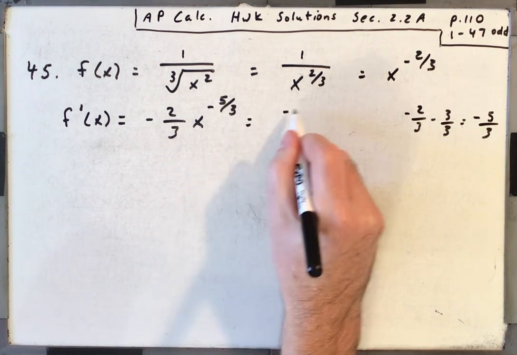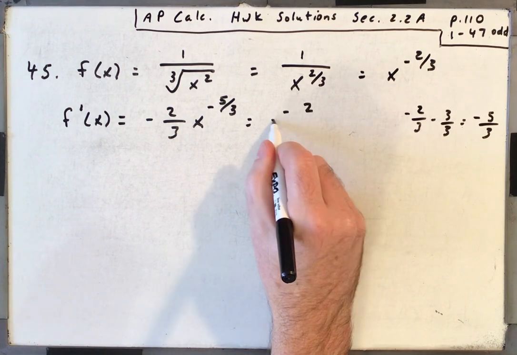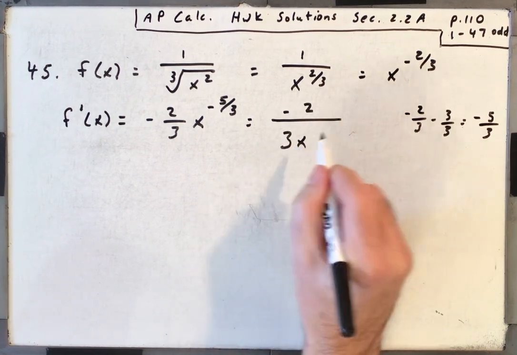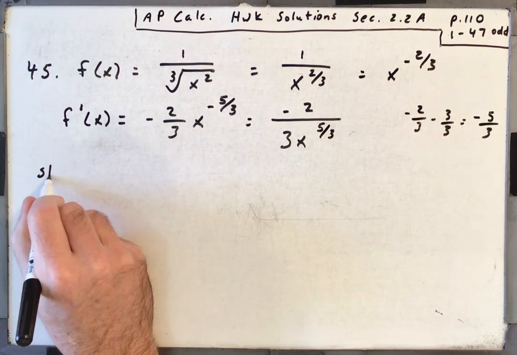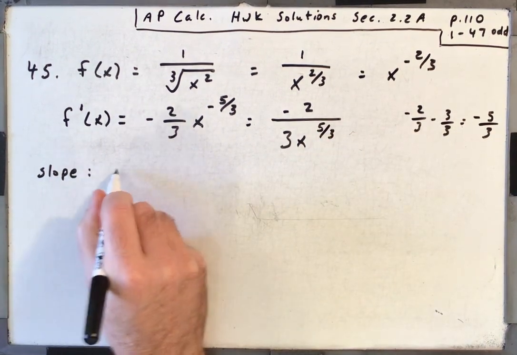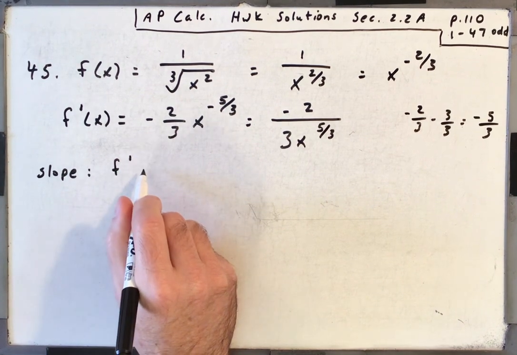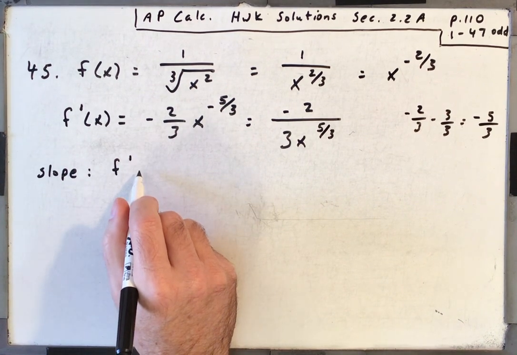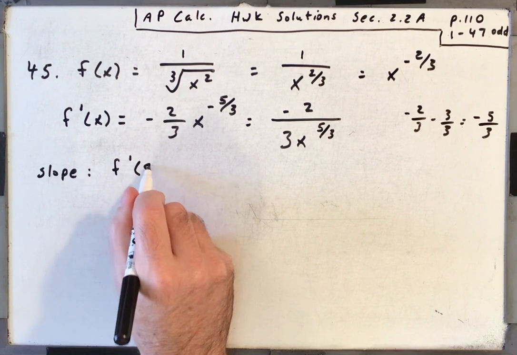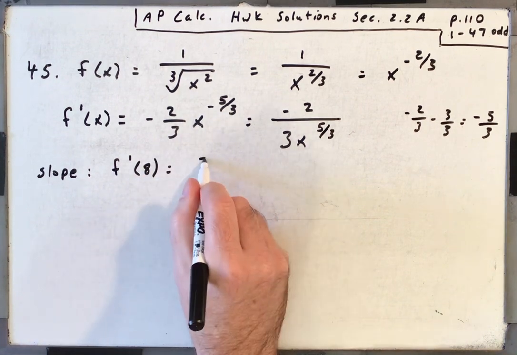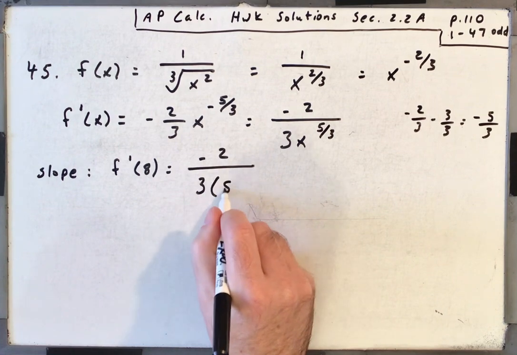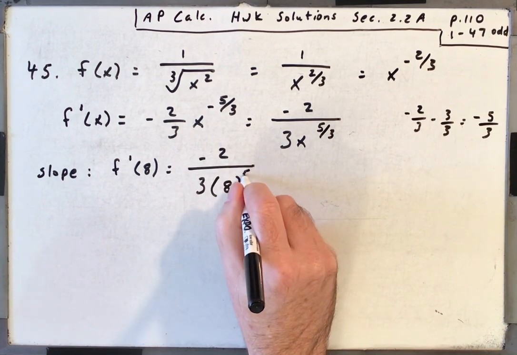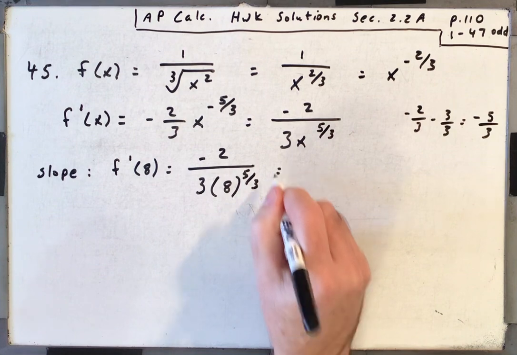And to clean that up, that's negative 2 over 3x to the positive 5/3. So our slope is going to be f prime of the x value, which is 8. So that's negative 2 over 3 times 8 to the 5/3.